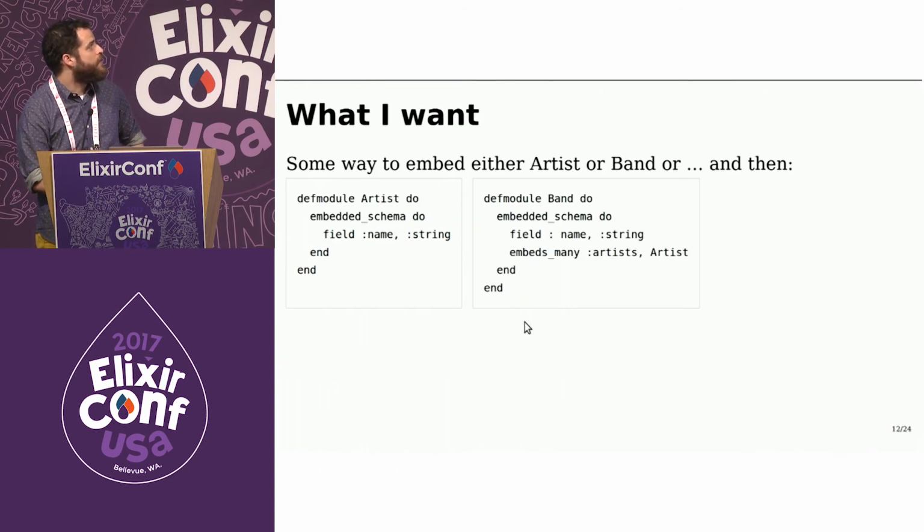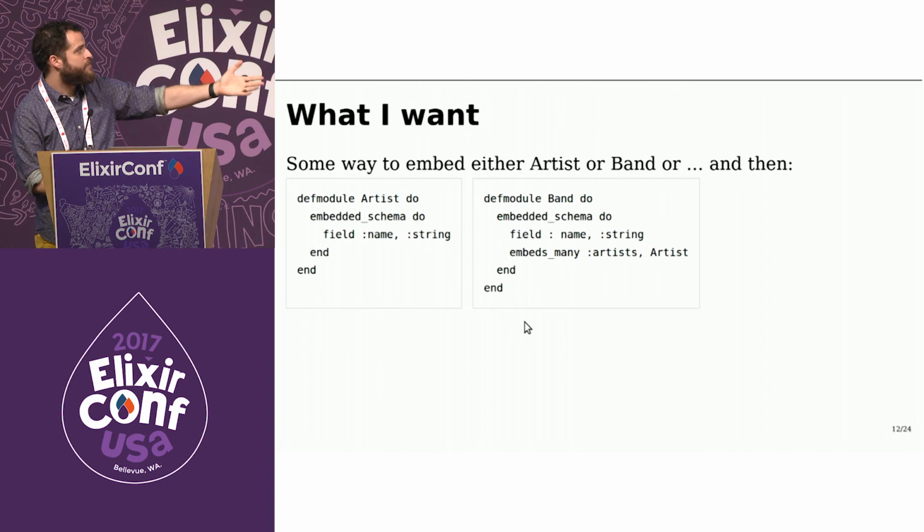So what I want is some way to have two different schemas that can possibly fit into this one embeds_one or embeds_many column. An example would be an artist that just has a name, or a band, which has a name and then embeds many artists.